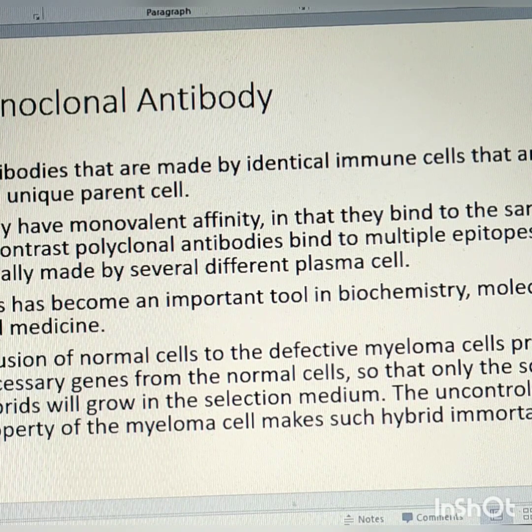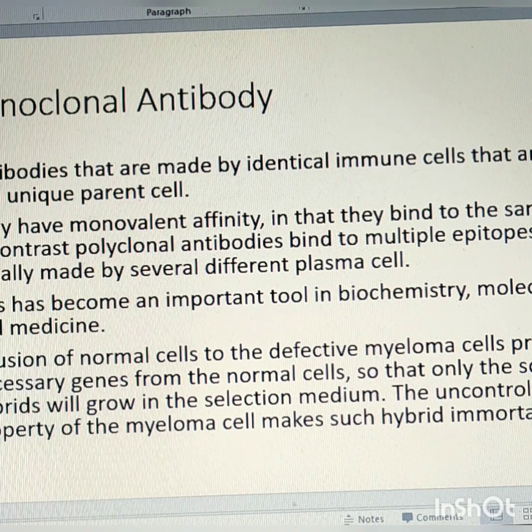This process is done between a normal antibody-producing B cell and a myeloma cell, followed by selection of fused cells that secrete antibody of the desired specificity derived from the normal B cell. Such fusion-derived immortalized antibody-producing cell lines are called hybridomas. Point it, hybridomas. And the antibodies they produce are monoclonal antibodies.